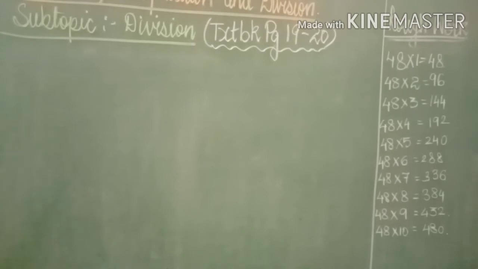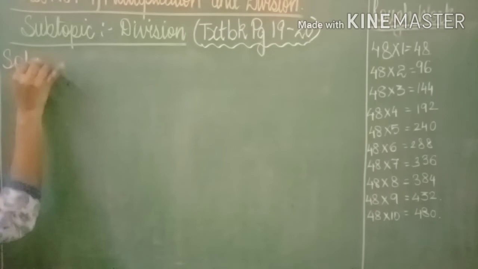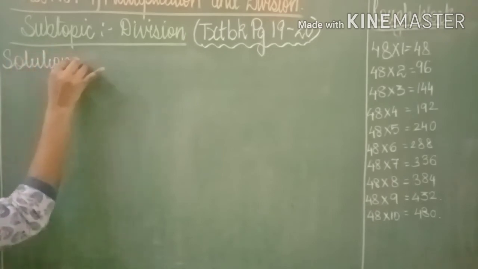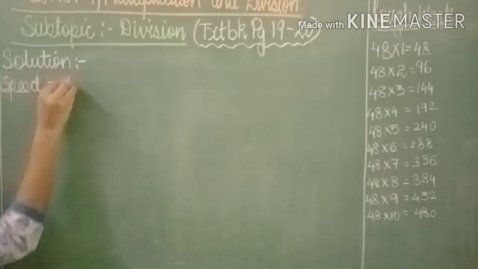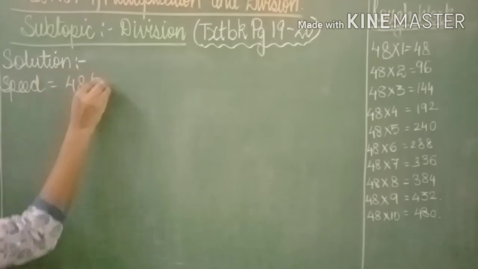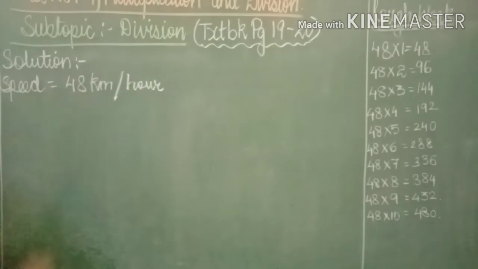First of all, we are going to write the solution. Right? What is the speed? Speed equal to 48 km per hour.